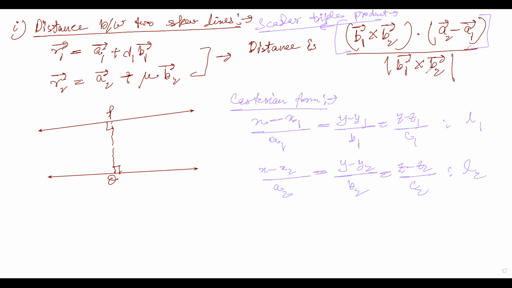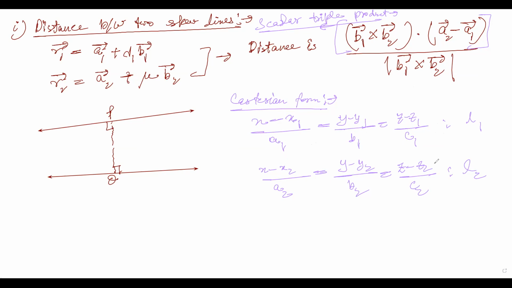Let's understand the process. a2 minus a1 is basically the difference between points, so it will be x2 minus x1 i cap, y2 minus y1 j cap, z2 minus z1 k cap. b1 cross b2 would be a determinant whose first row is i, j, k, second row a1, b1, c1, and third row a2, b2, c2.